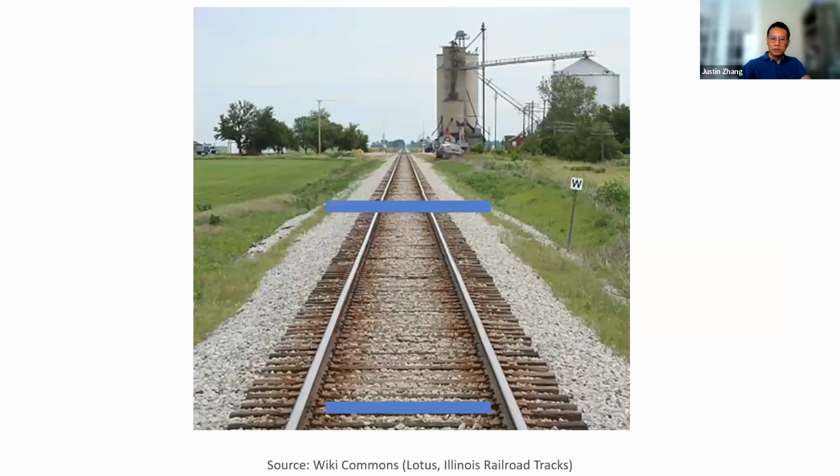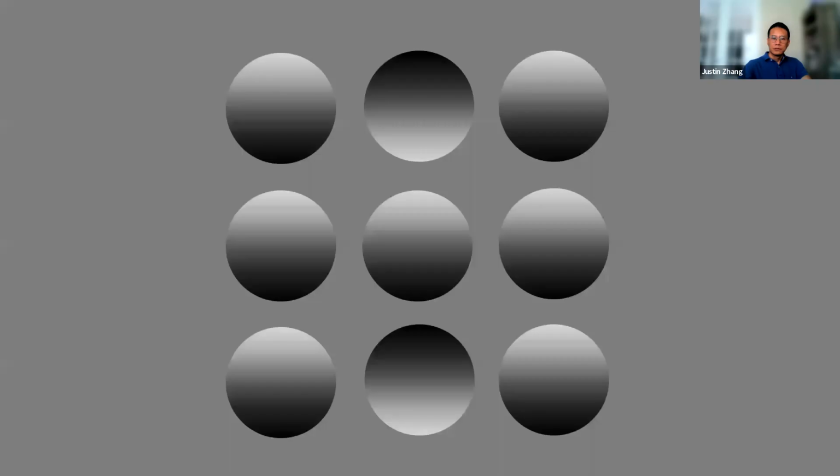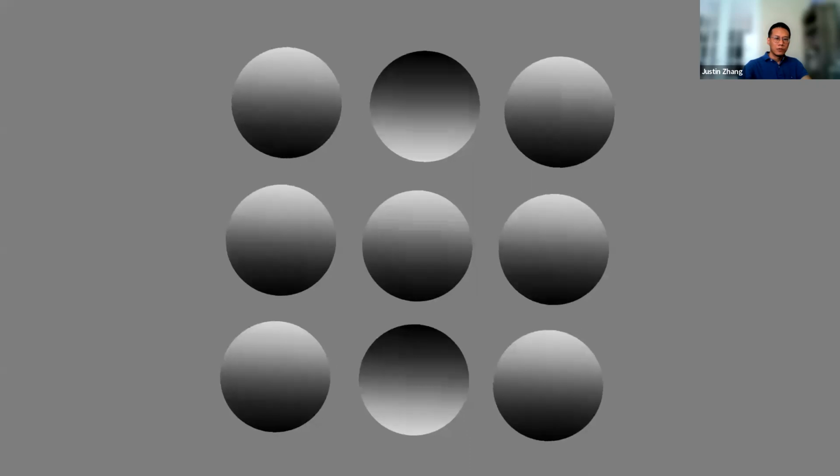So here's another example of the railroad tracks. The line in the distance appears to be longer than the one in front of us. But actually the lines are exactly the same size. One more example.